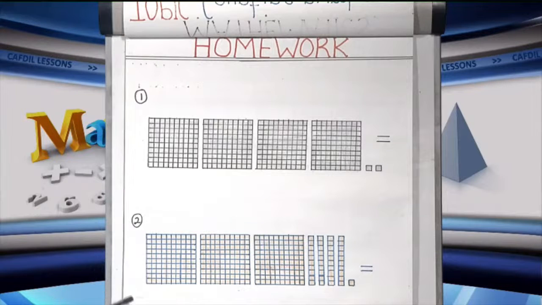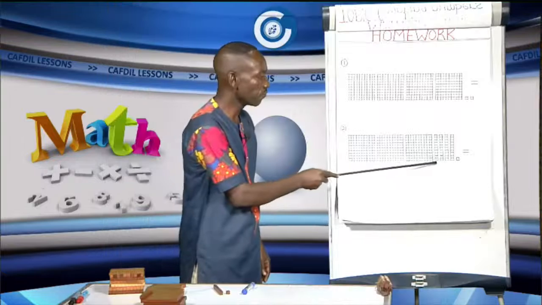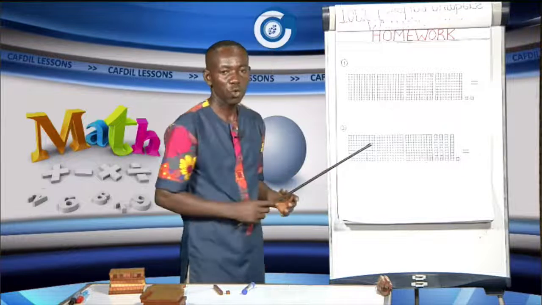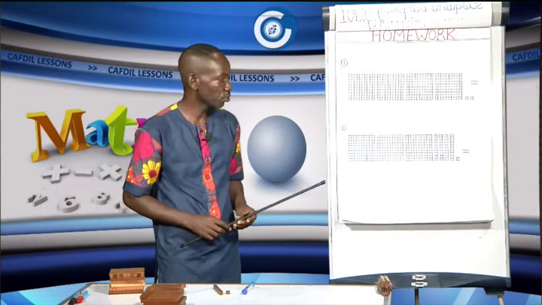For number 2, we have 1, 2, 3. 3 flats, 1, 2, 3, 4. 4 longs and 1 cube. So 3 flats, 4 longs, and 1 cube.